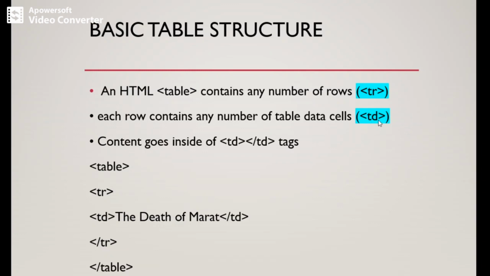Always the content or the data goes between the opening TD tag and closing TD tag. You begin with the table tag, then you create a row with the tr tag, then you put your data, the table data TD. Here one data is put, then your row is closed, then close the table tag.